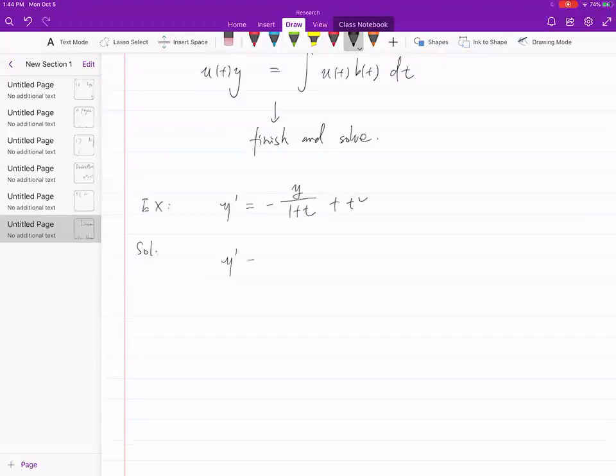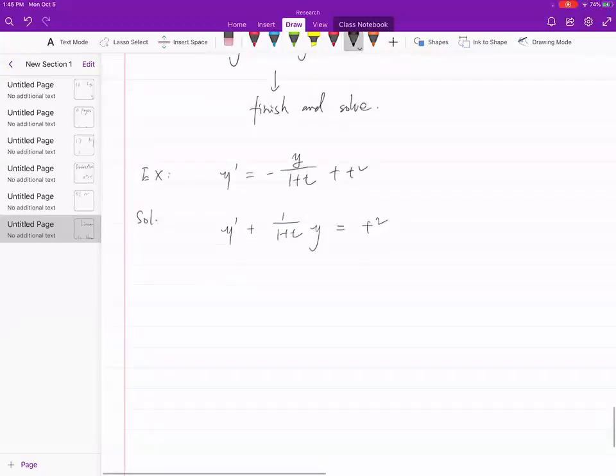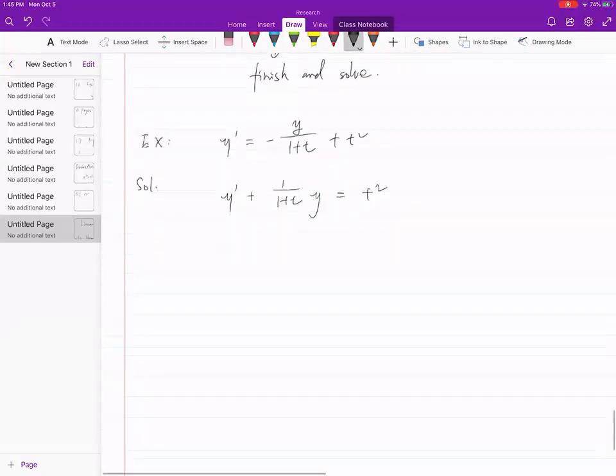Step 1, move it. Step 2, times a mu(t) such that it satisfies mu prime equals mu times 1 over 1 plus t.